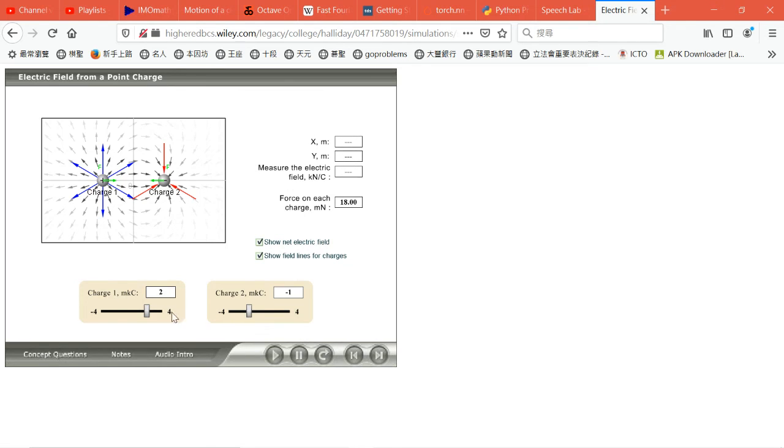So if one is much larger, one is 4 millicoulomb and the other one is 1, which means that one is 4 units of charge and the other one is 1 unit of charge. Then you can see that this one is suppressed to this side, because the left one is stronger, and it shows more arrows.